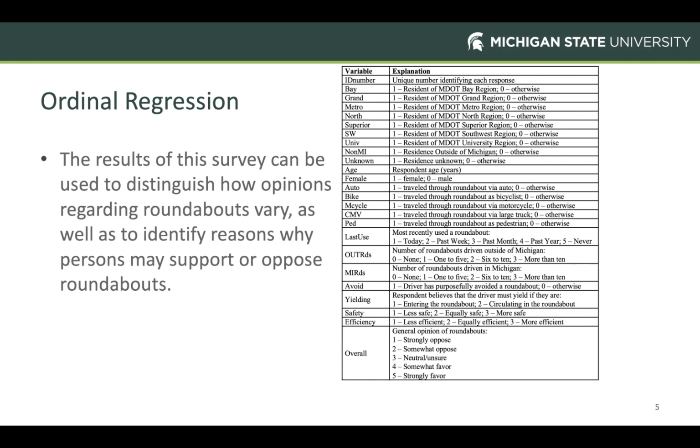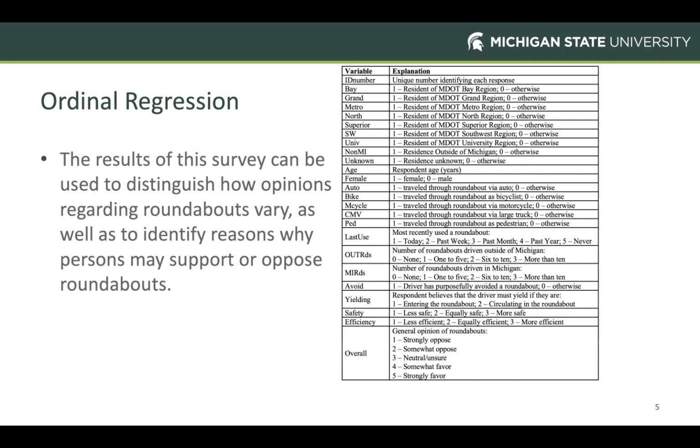And so what we see here is basically a data dictionary of the different characteristics we're using to try to assess that public feedback on roundabouts. Our three primary variables of interest are down at the bottom here, and that's basically asking the public how they feel about the safety and operational characteristics of roundabouts.